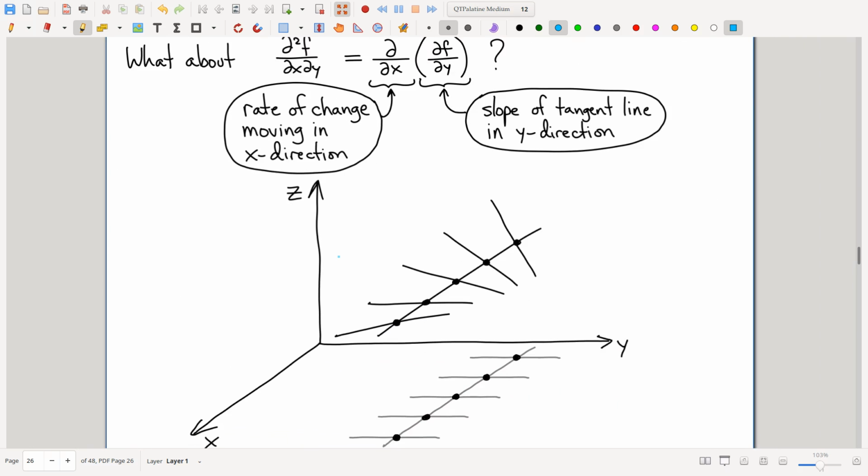How would we make sense out of this second partial? I say we're in uncharted territory because as we do this calculation where we're taking an x partial of a y partial, none of the variables is constant throughout the whole calculation. Right?